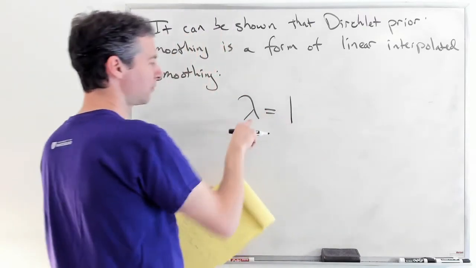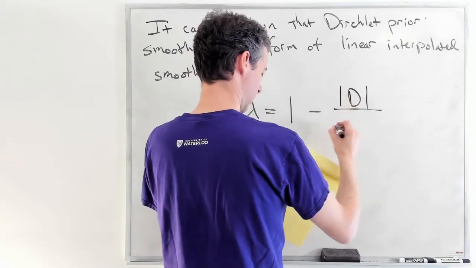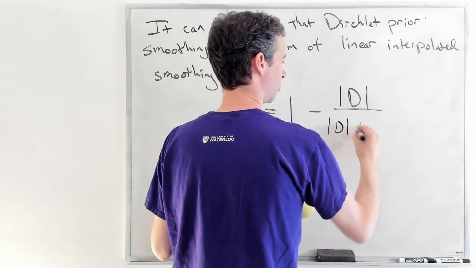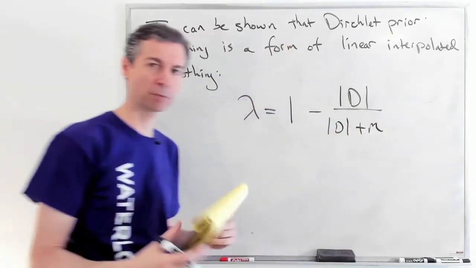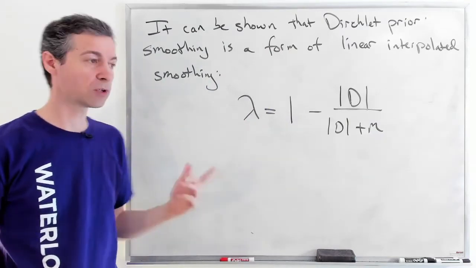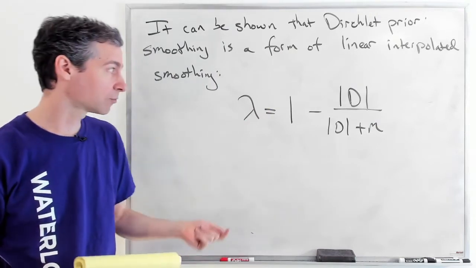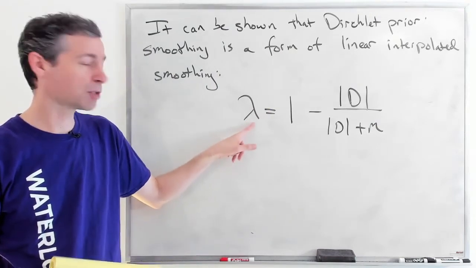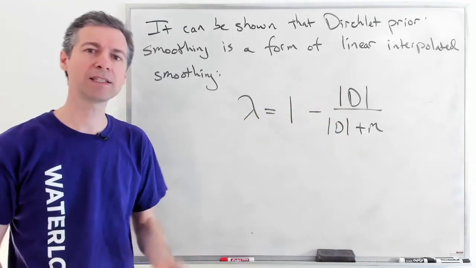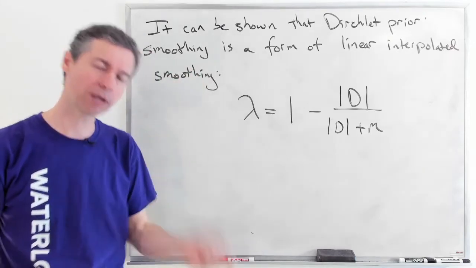If you set lambda equal to 1 minus document length over the document length plus the m parameter from the Dirichlet-Prior smoothing, then you can take the linear interpolated smoothing, and if you set the lambda parameter in it to this, you will do exactly the same smoothing as with the Dirichlet-Prior smoothing.